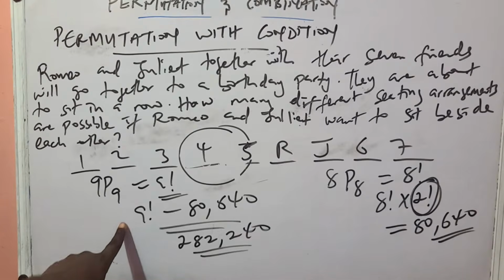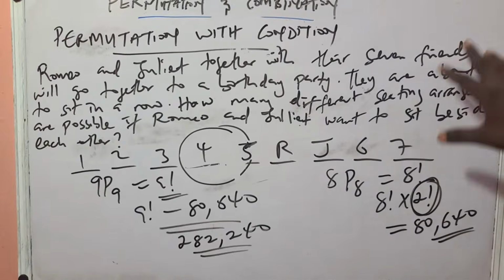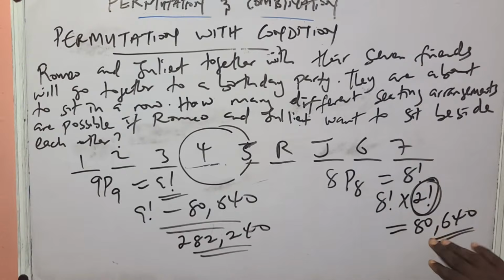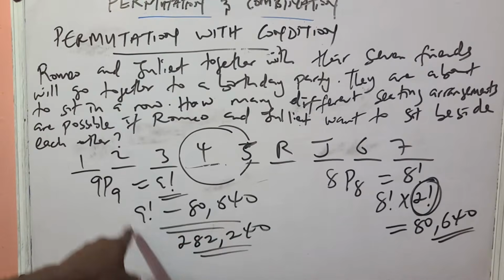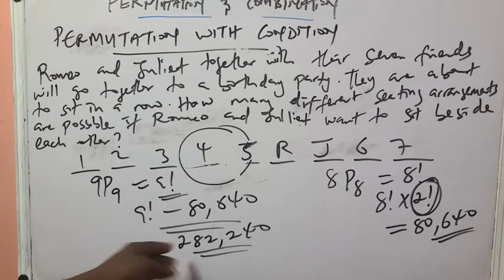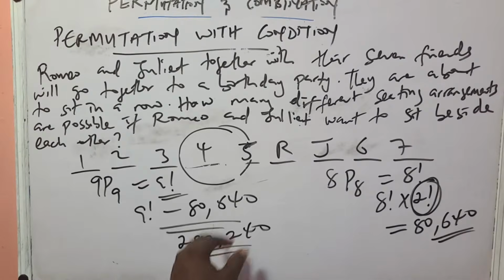But don't forget, we already knew from our previous question that there are 80,640 ways of ensuring that Romeo and Juliet were sitting near each other. So one thing we just have to do is to extract all those ways out from the general answer. And then we will be getting an answer that is now pure, that is free from when they are sitting near each other, which is going to be this answer, 282,240.